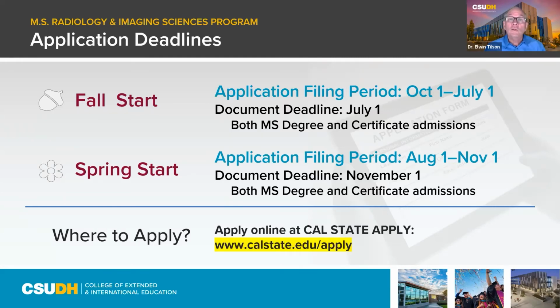So once you've applied and paid your $70 fee, then it's going to ask you, okay, what degree are you applying for? And you'll be on a search page. And on that search page, if you type in RAD, or if you type in radiologic, but not radiology, radiologic, then the degrees will pop up.